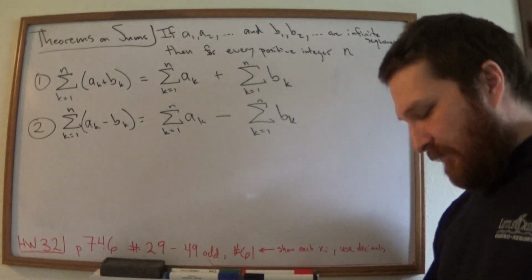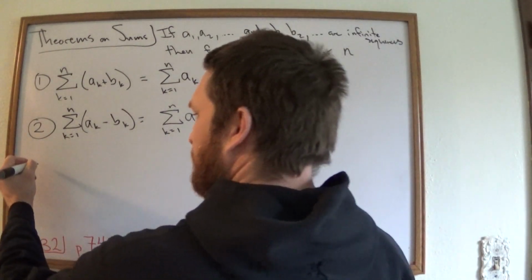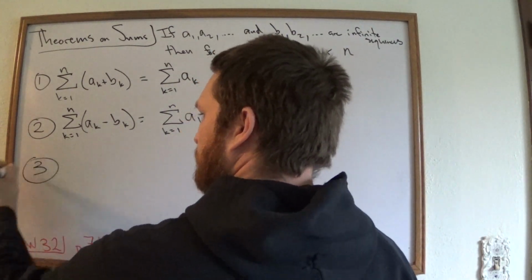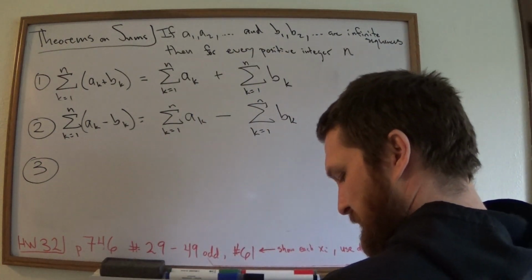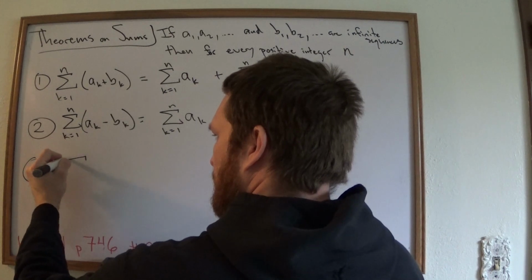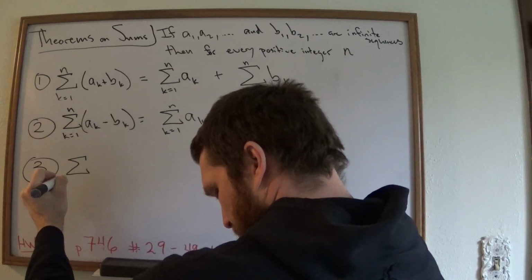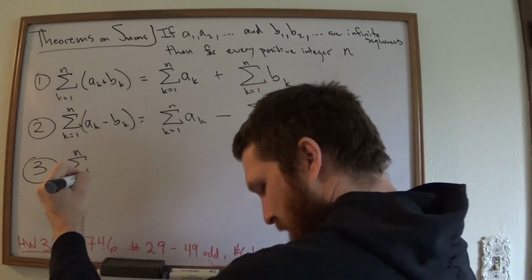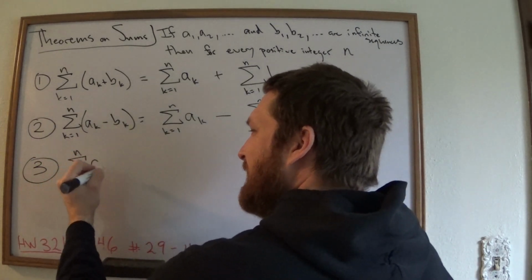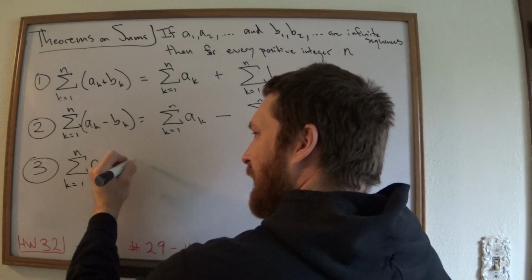All right, and finally, the third one is the sum as k goes from 1 to n of c times ak.